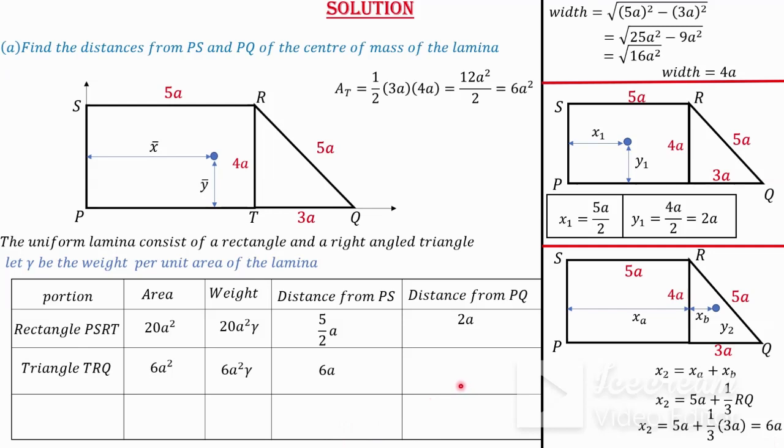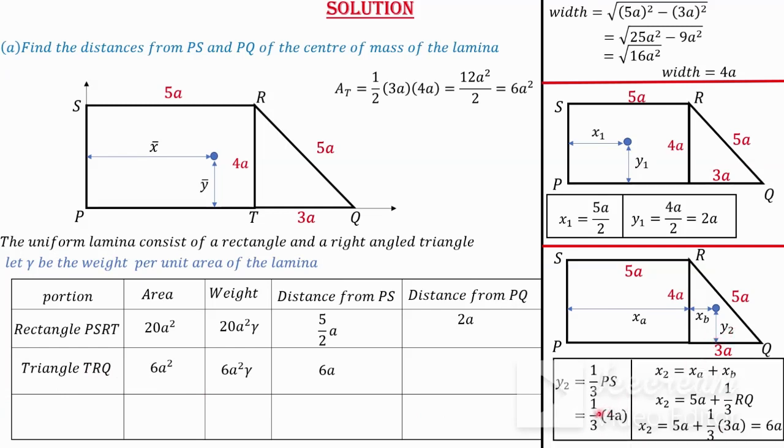So what about the distance from PQ of triangle TRQ? We are going to denote it as y2. And what is y2 therefore? Y2 is going to be 1/3 of PS. That is, this y2 is 1/3 of the distance PS.